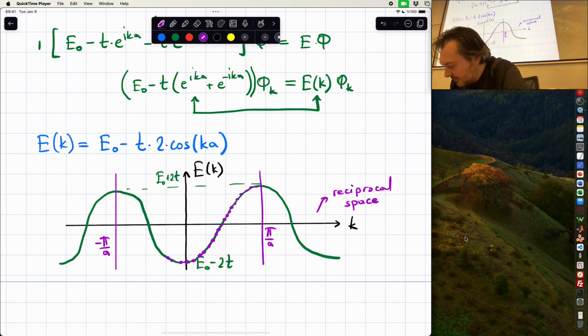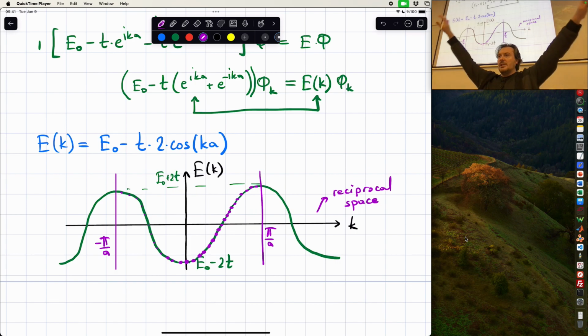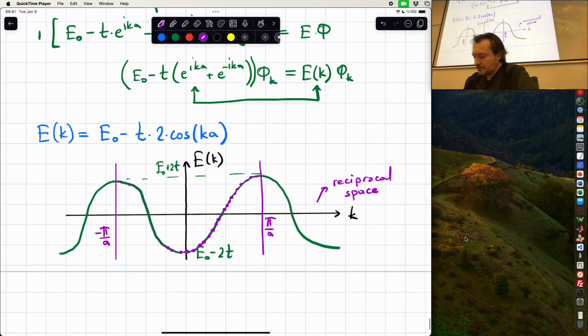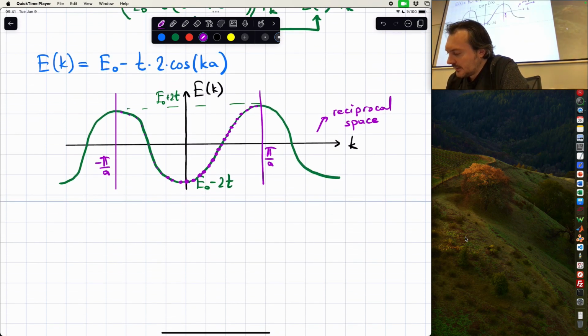Okay, I'm tired of putting dots, but all those are separate solutions. Since you have infinite atoms, you have infinitely many. So basically what happened is that every atom contributed an energy level, okay?